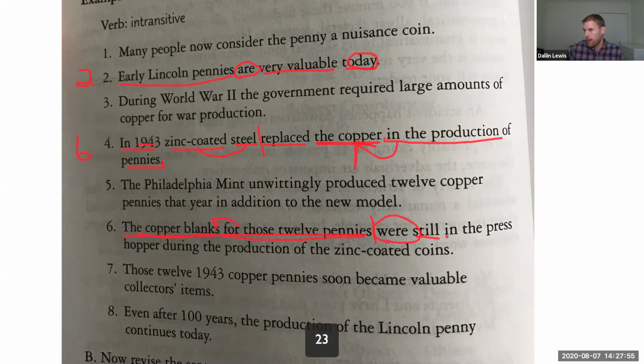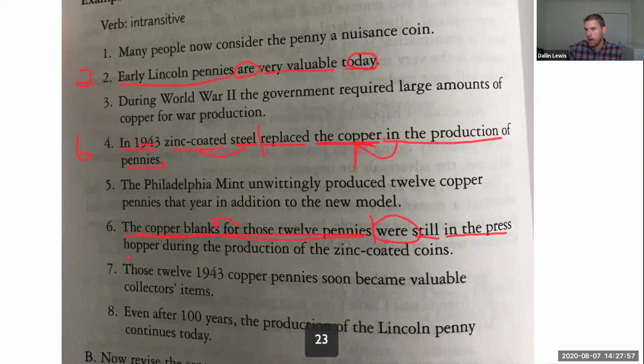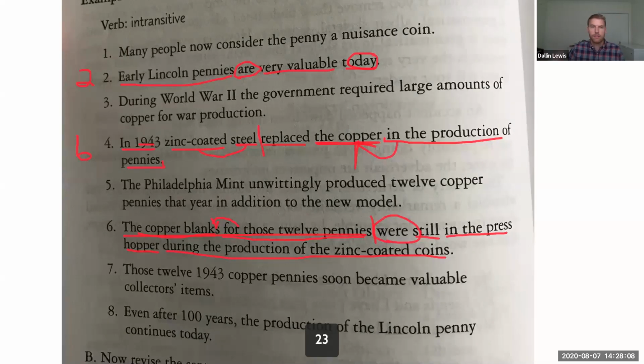Were, what do I have next? In the press hopper during the production of the zinc-coated coins. Well, in the press hopper is a prepositional phrase. And in this case, like all prepositional phrases that are complements to were, it's adverbial.